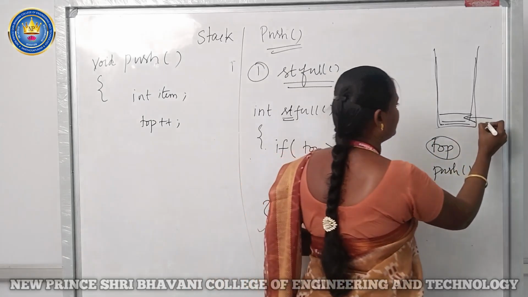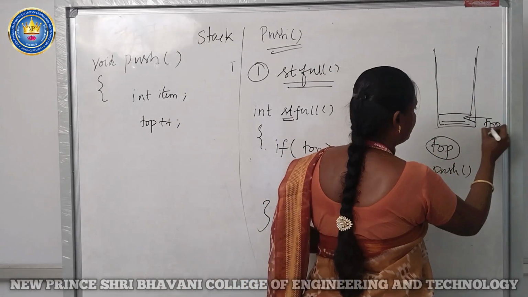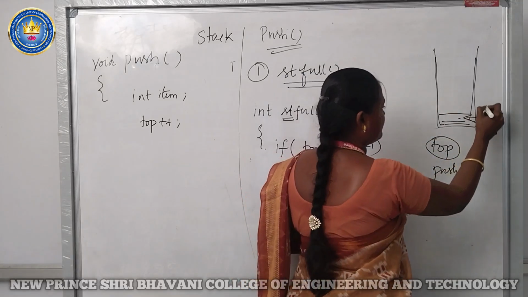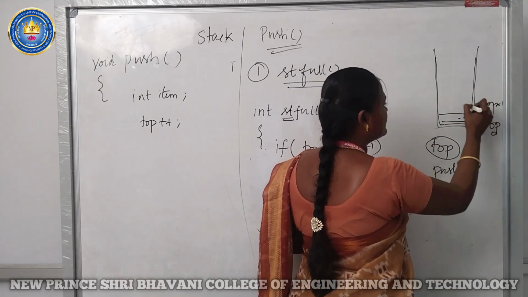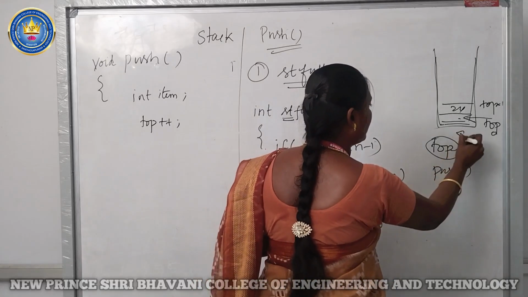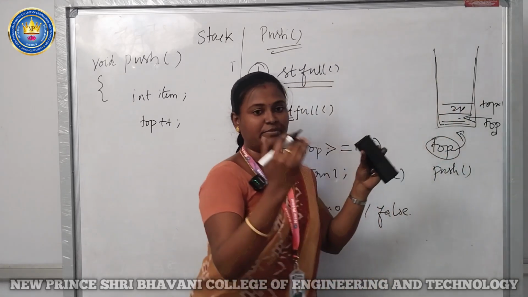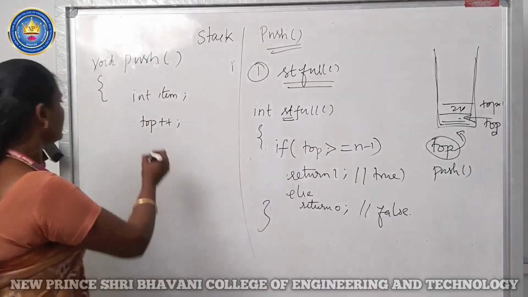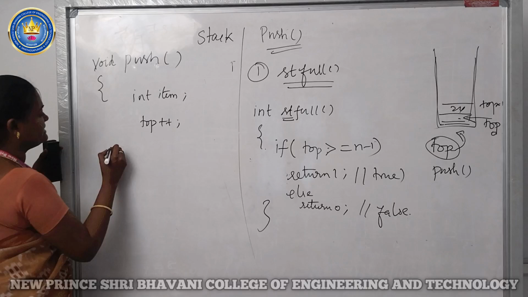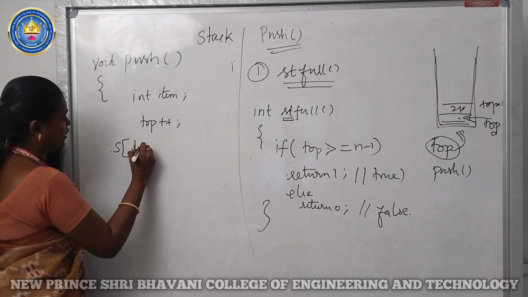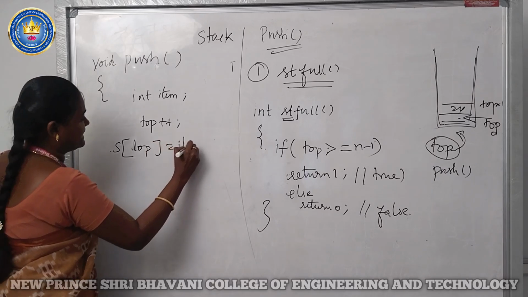Suppose the top value is 0, here we insert the element in the array. Similarly, top equal to 1, here we insert the next element. So we increment the top, and where the top pointer points in the array, we insert the element. So top plus plus, and then S of top equal to item.